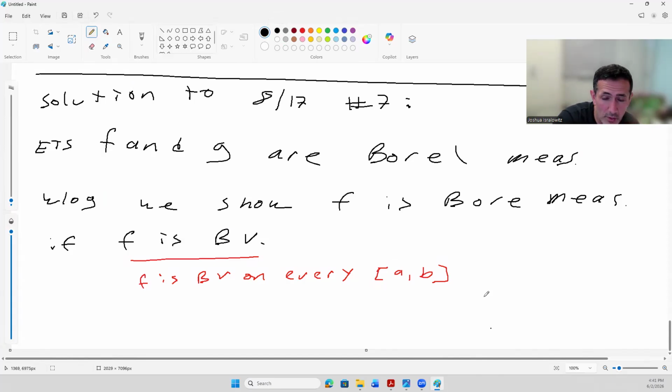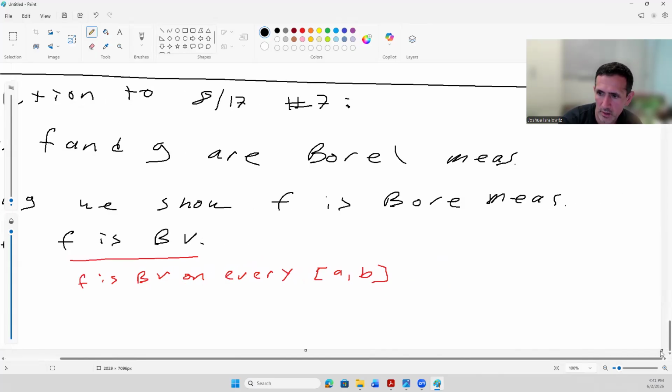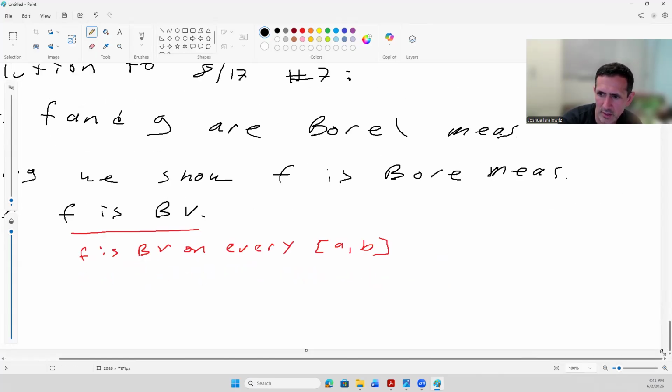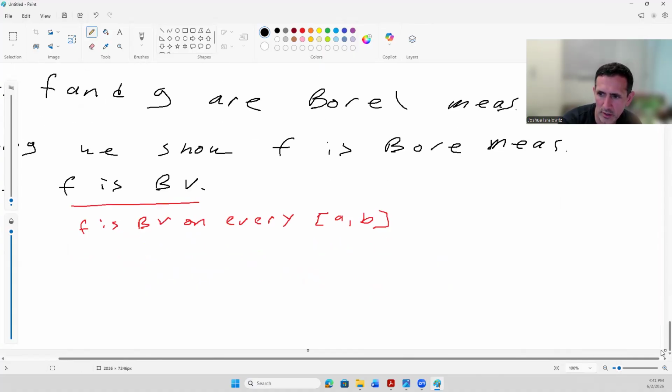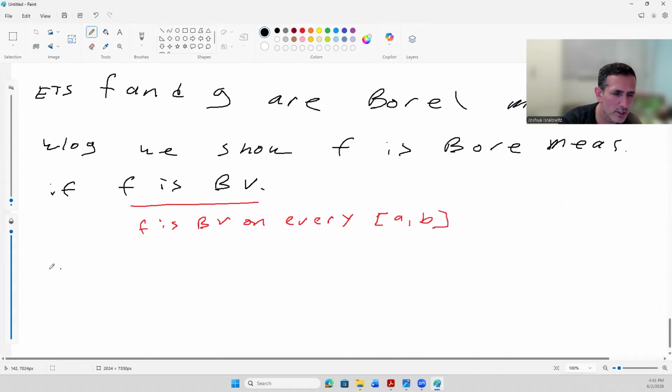So we have to somehow use this, and what we're going to do is as follows. Kind of, I don't know if I'd say do the obvious thing, but do a very natural thing. I think it's really the only way to proceed.